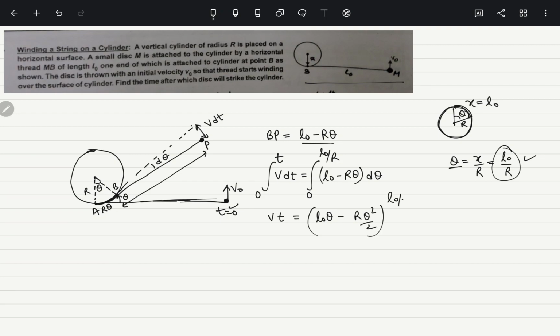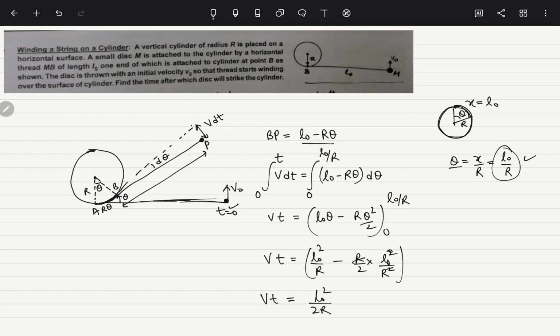Now I'll put the limit. So vt is equal to L naught square by r minus r by 2 into L naught square by r square. So vt is equal to L naught square by r minus L naught square by 2r. So here we are getting L naught square by 2r only.